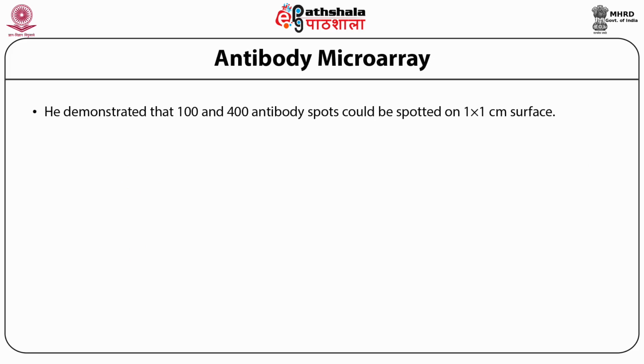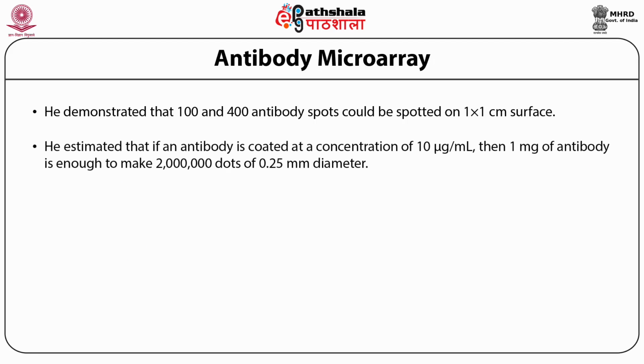He demonstrated that 100 and 400 antibody spots could be spotted on a 1 by 1 centimeter surface. He estimated that if an antibody is coated at a concentration of 10 microgram per ml, then 1 mg of antibody is enough to make 2 lakh dots of 0.25 millimeter diameter.